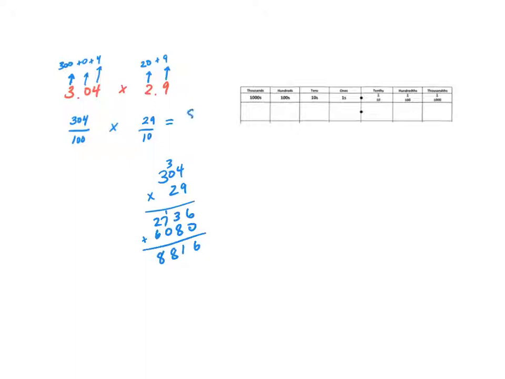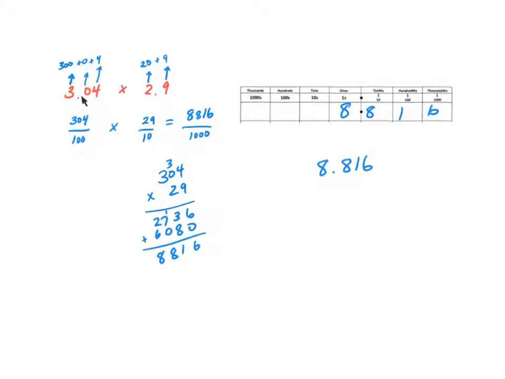So I get 8,816 for my numerator. And the denominator will be 100 times 10, which is 1,000. I'm going to write my 8,816 in the place value chart. And because I'm dividing by 1,000, I need to move it 3 places to the right. 1, 2, 3. So my answer becomes 8 and 816 thousandths.